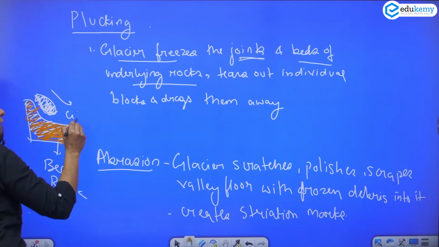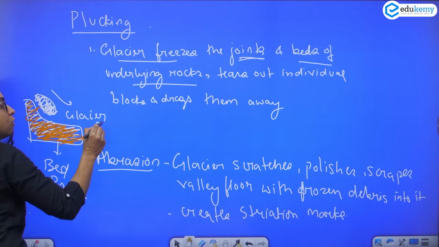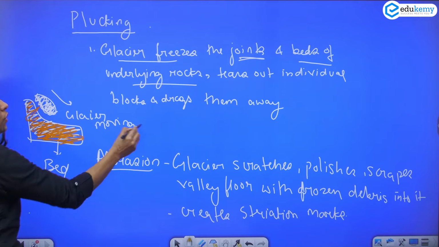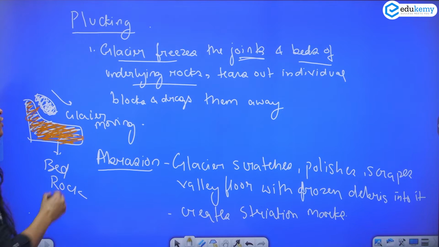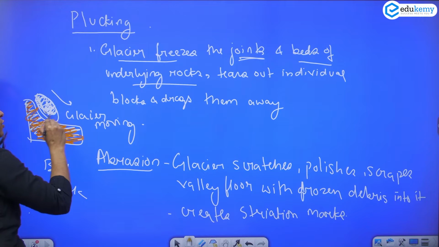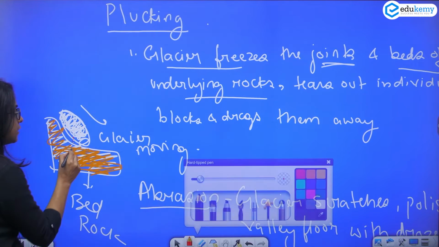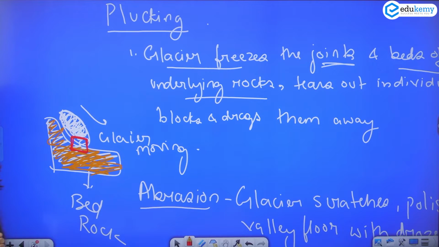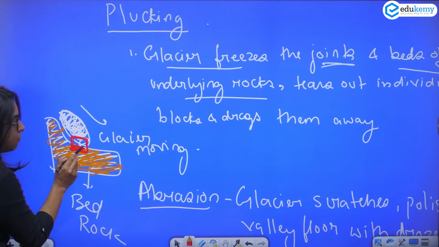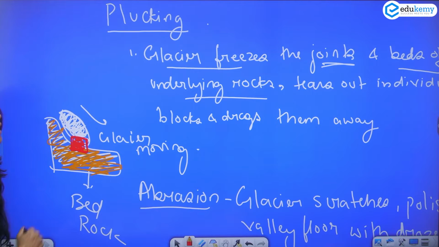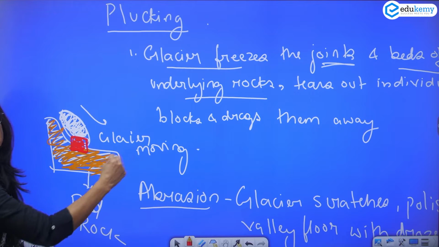As the glacier moves, it will freeze the bed of the underlying rock, and then it tears out the piece.